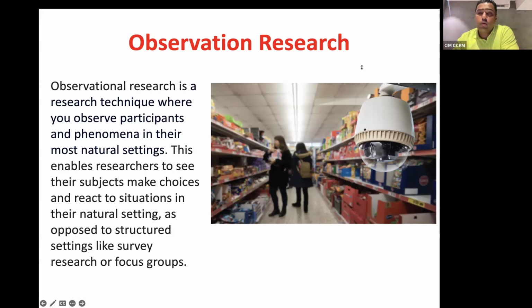Why don't they go to the right? Maybe all the essential products are on the left. So why then can't you distribute all the products right across the supermarket so that they have to walk around all the aisles as opposed to only going to the left, checking out and going. So these are insights that you can find only through observation research.